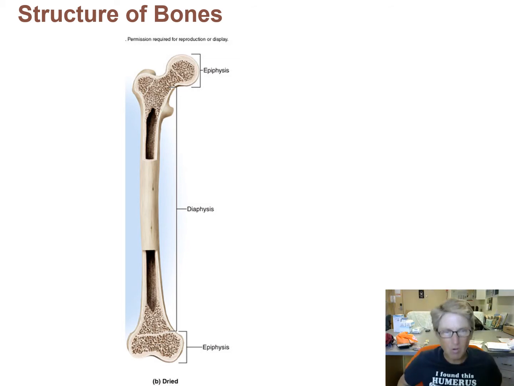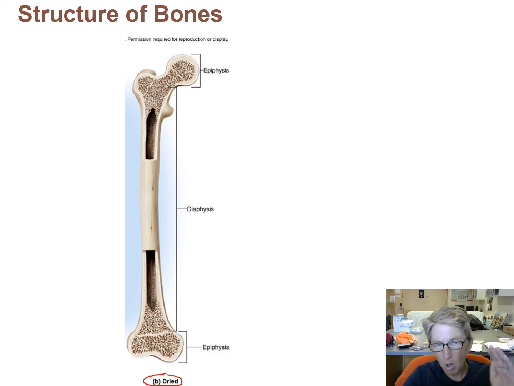There are some generalized structures on a bone, and then there are specific landmarks on each bone. So this cartoon is of a dried bone, and it's a longitudinal section of the bone. They've cut through the bone longitudinally here, and they haven't cut this piece here, so you can see inside the bone.